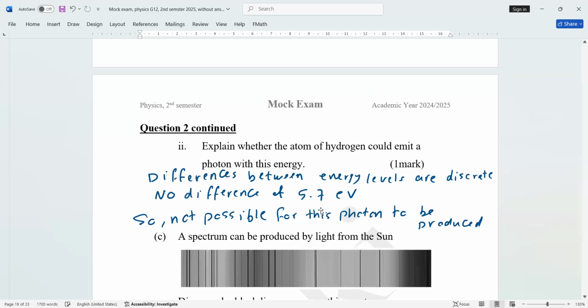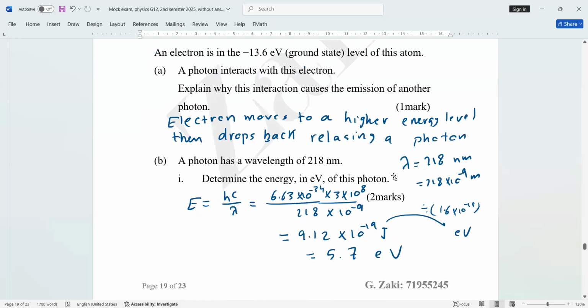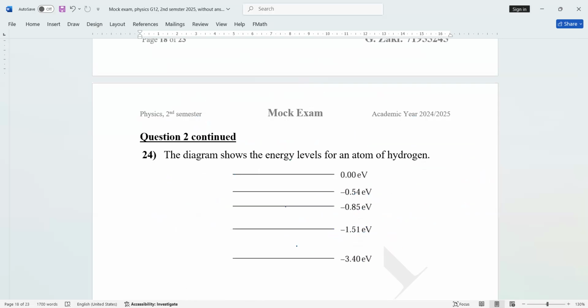Last part of the hydrogen atom. What does it mean that differences between energy levels are discrete? Look. For the photon emitted, if you find the difference between negative 0.85 and negative 1, it is a fixed amount, then a photon is emitted.